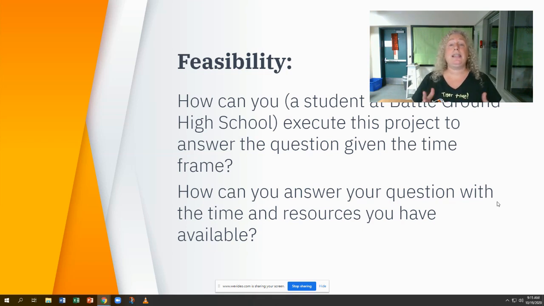They will spend years doing experiments, years following people in a case study, years doing interviews, years gathering data. You don't have years. How can you, a high school student, answer that question with the resources you have available in the next couple months? Okay.